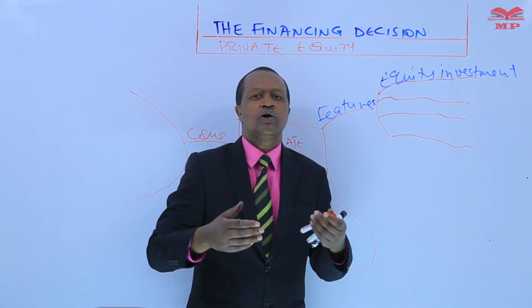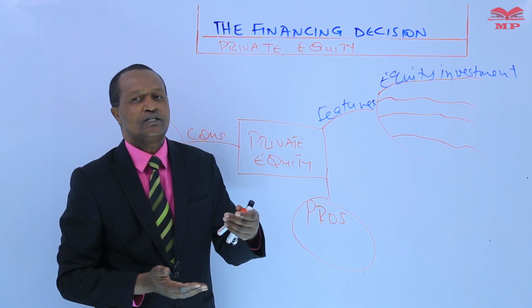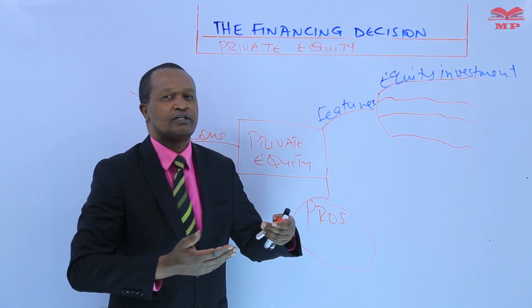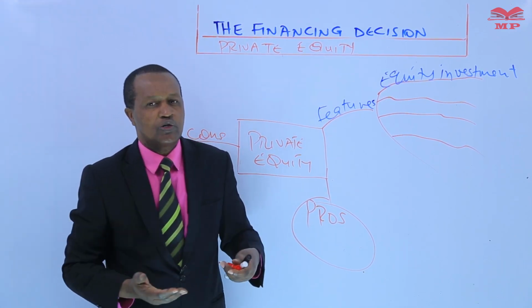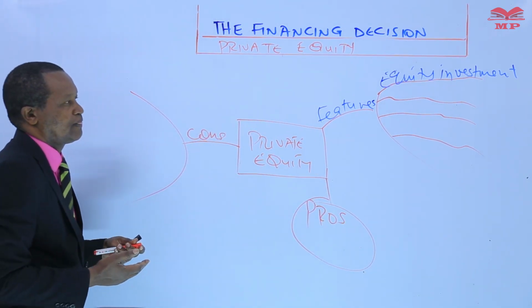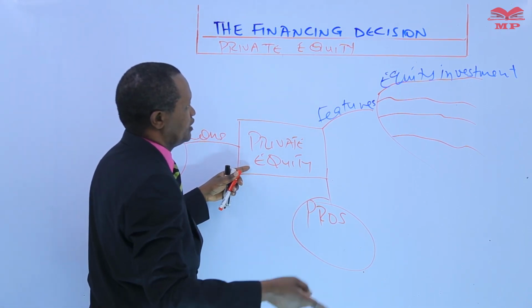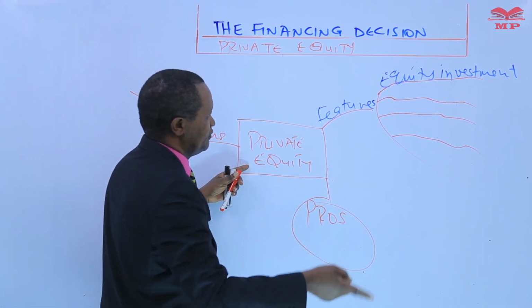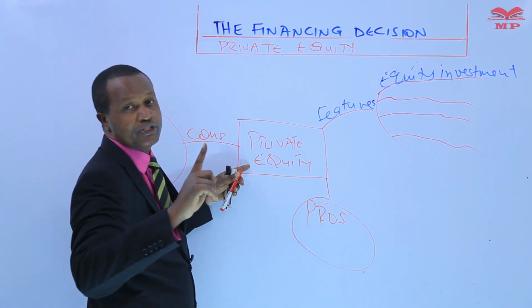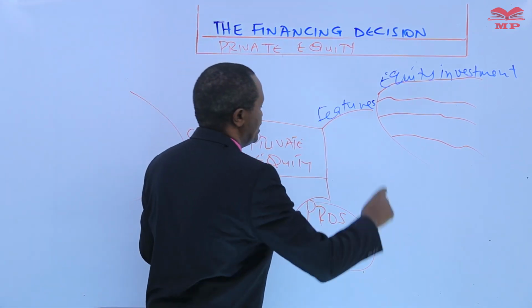It involves ownership in a company, and private equity investors become shareholders, and as such they have what we call a vested interest in the company's success. That is one feature of private equity, where private equity firms invest their money in a privately held company. Then they become shareholders. They purchase equity.